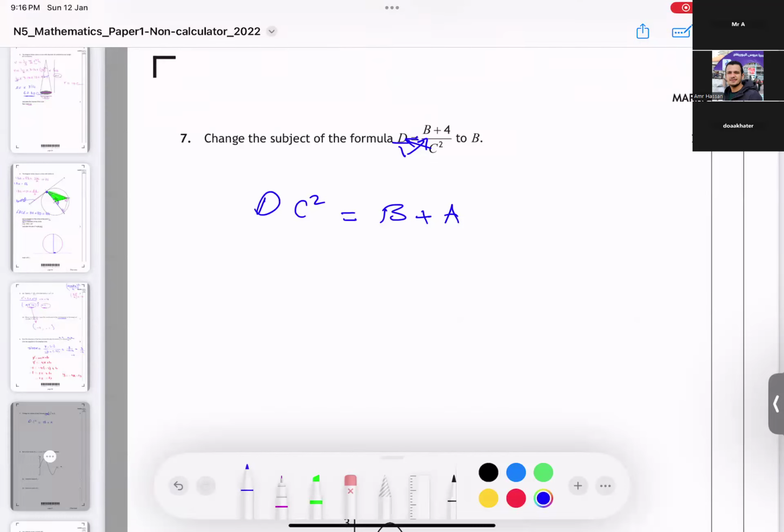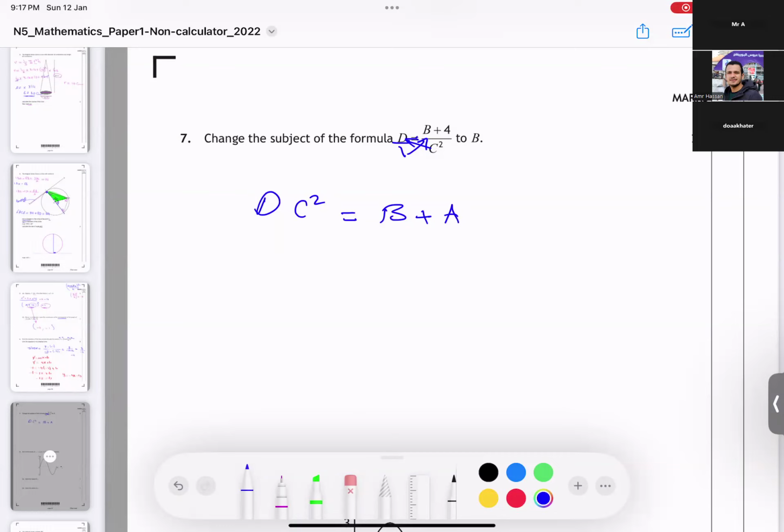I need to isolate b. So b equals... oh, so take away a.